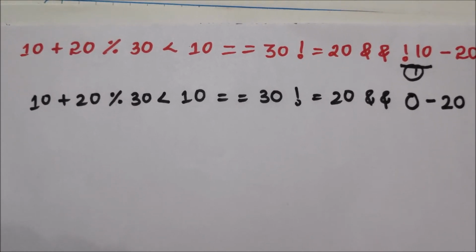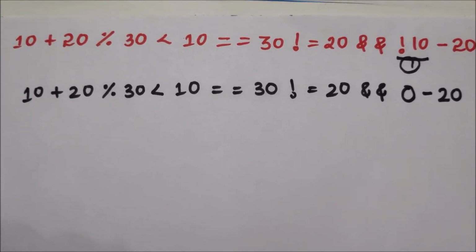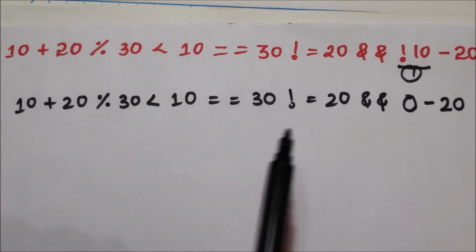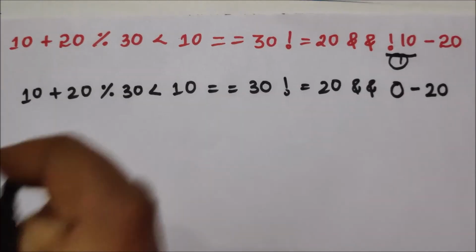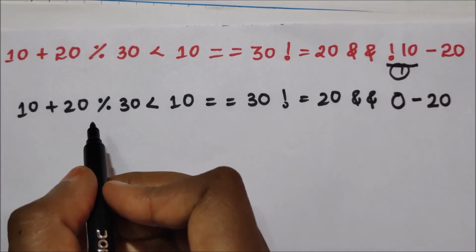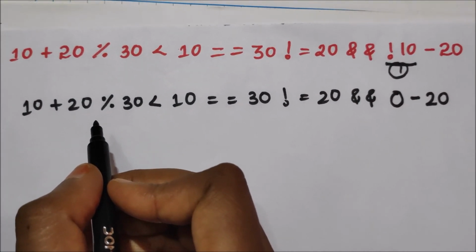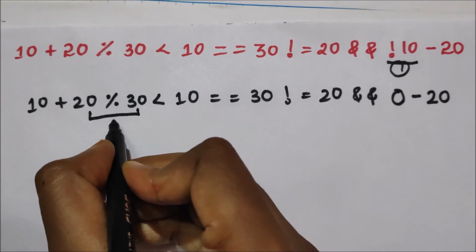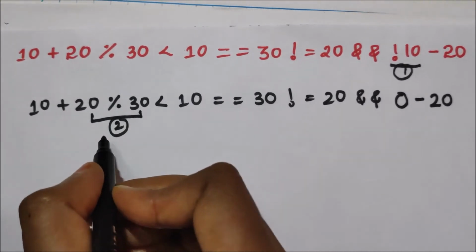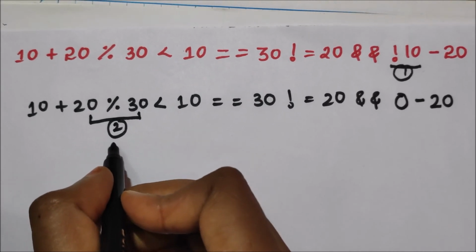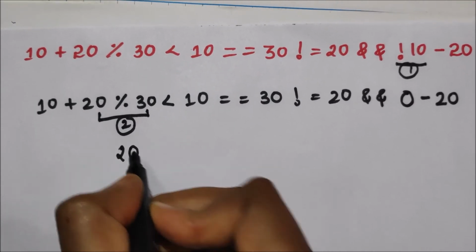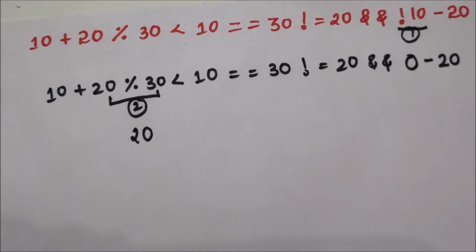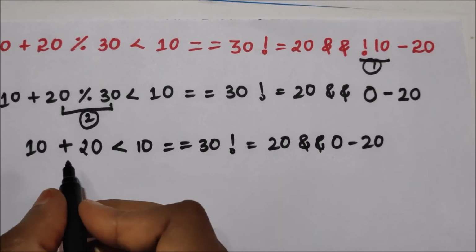Next you should evaluate the arithmetic operators. If you see, there are plus, mod and minus arithmetic operators. As per the precedence of arithmetic operators, modulus operator should be evaluated first. So first we are going to evaluate 20 mod 30. We know that 20 modulus 30, the result is 20 only, and keep the remaining part of the expression as it is. Next we should evaluate plus.